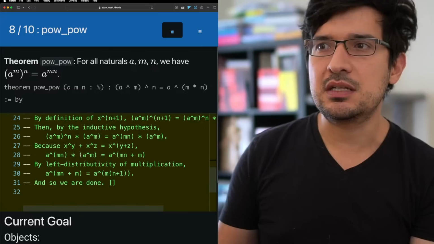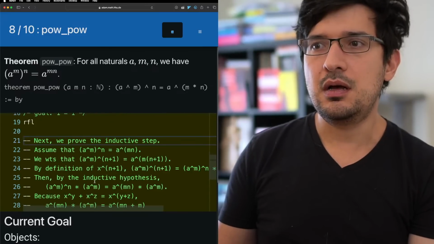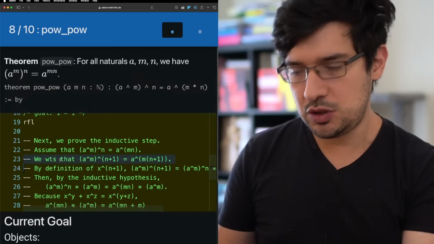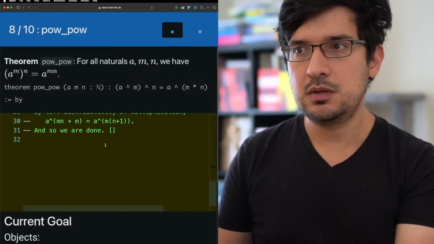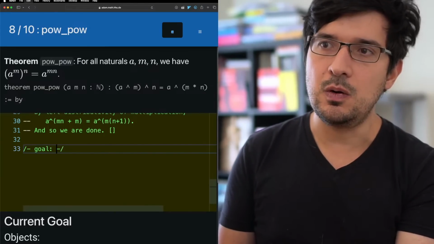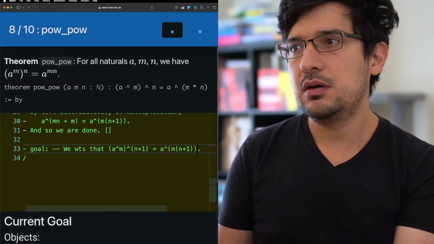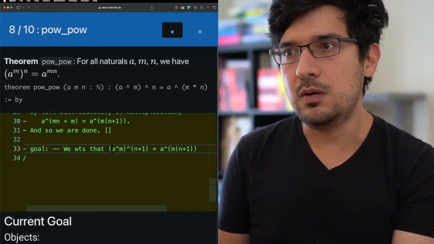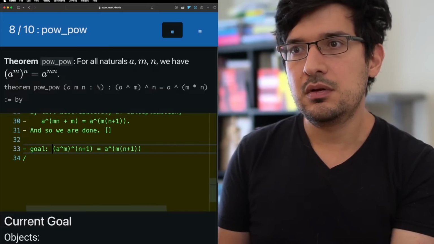Next, we prove the inductive step. Where is it? We want to show this. So, in Lean, now the state machine has goal is this.